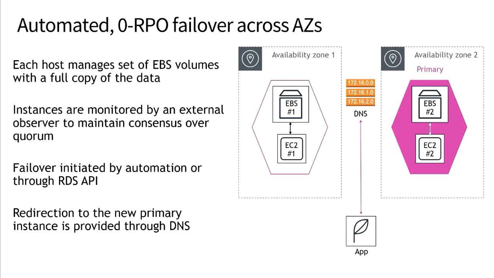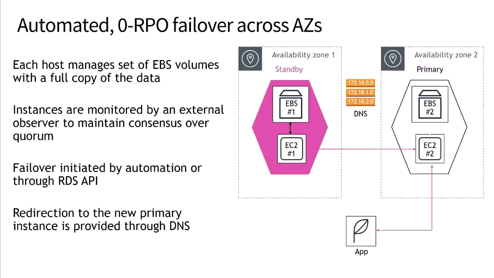So this is basically an active-passive configuration, where the passive database in availability zone 2 was continuously syncing with AZ1, and now it's becoming the primary database. And in this case, the original AZ, which used to be the primary, is now becoming the standby. So the application is basically being redirected automatically to talk to availability zone 2, and your application doesn't get interrupted.